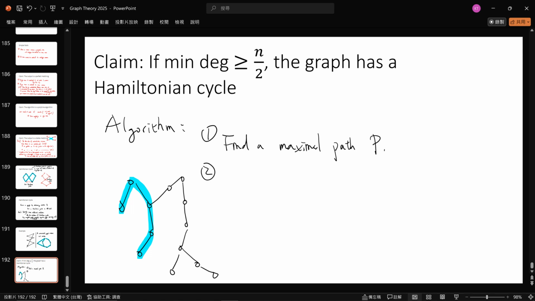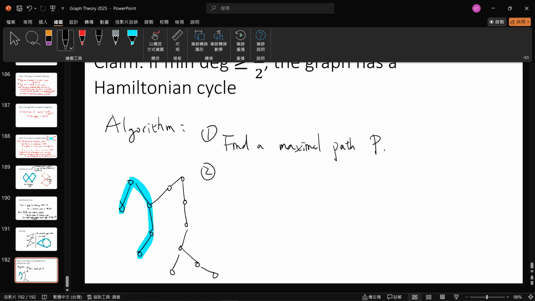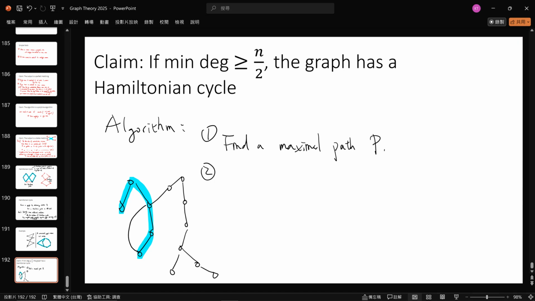Yeah, so you just start, for example, from an edge, and then you keep looking at the endpoint of the path you have, and just add edges until, for example, there's no other edge incident to the endpoint, or the edge connects back to some vertex in the path.